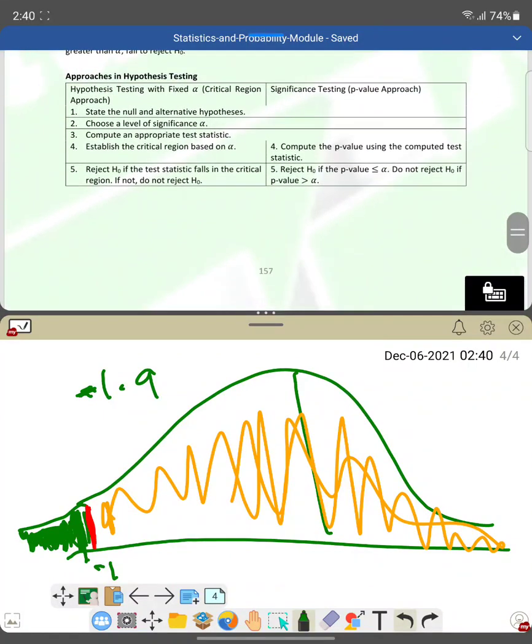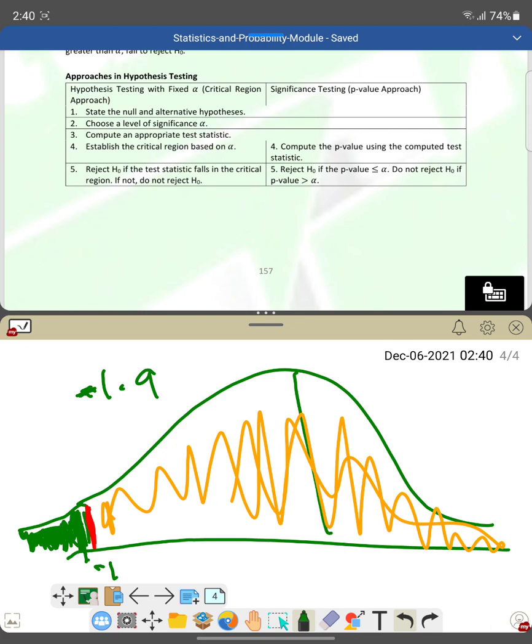So these are the steps. First, we need to state the null and alternative hypotheses, because that is what we will base our decision on later. Why should there be an alternative if all we need is to prove whether the null is false or true? It is because directly after rejecting the null, we will use the alternative hypothesis.